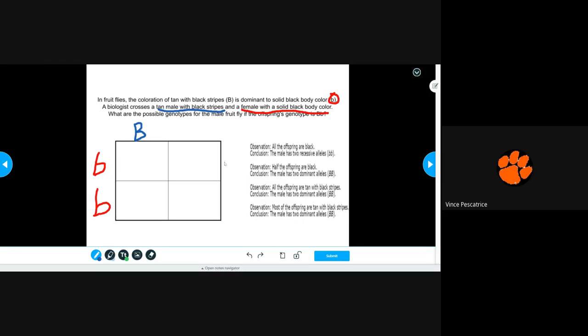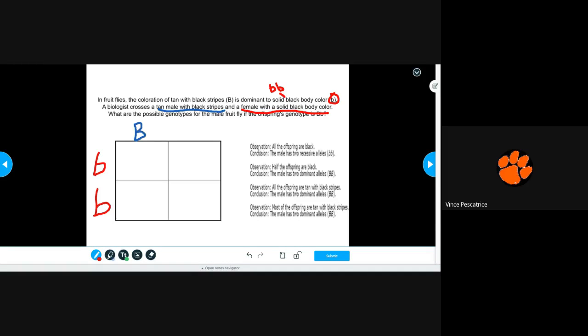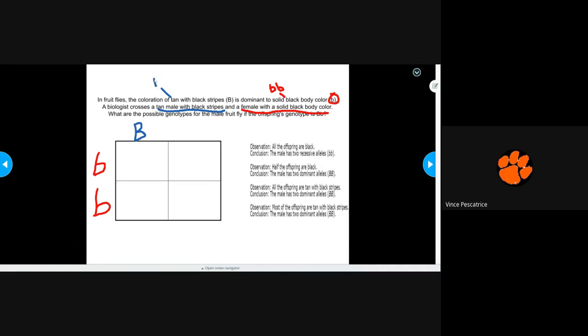All the offspring are black would have to mean that the only way that would happen is if the male was also a solid black body color. Because the only way for a solid black body color to show up would be if you had two lowercase b's. The tan color can show up if you have a capital B and a lowercase b, or two capital B's.